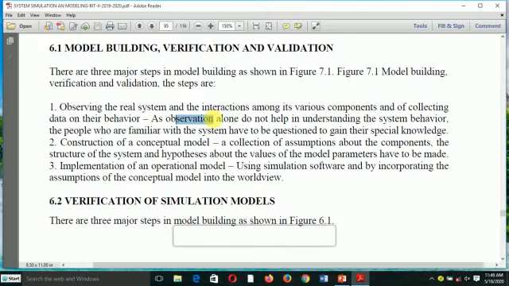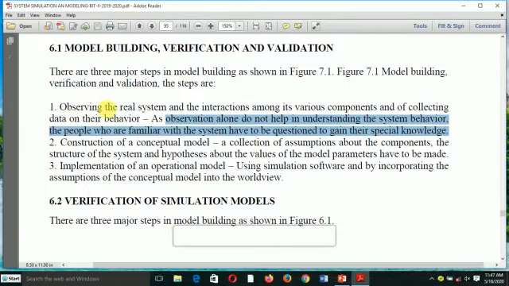No. You have to observe, and then ask people who are familiar with the system, the employees working there. You will question them, and you will gain special knowledge about the system because they know the system 100%. So they explain the working of the system to you clearly.